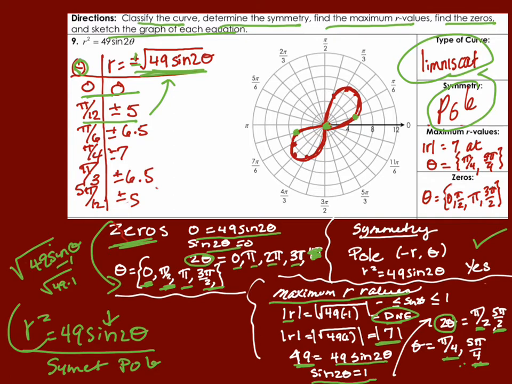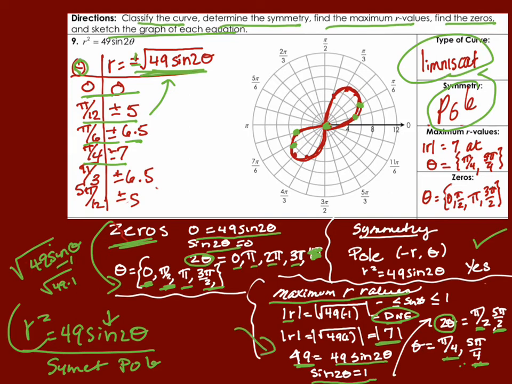And see how you're getting the polar symmetry right there, the symmetry against the pole? Going to pi over 6, it's about 6.5. So there's my pi over 6 point, and it's also negative, so that would give me the second one on the other side of the pole. Pi over 4 gives you 7, and that's one of your maximums, right?